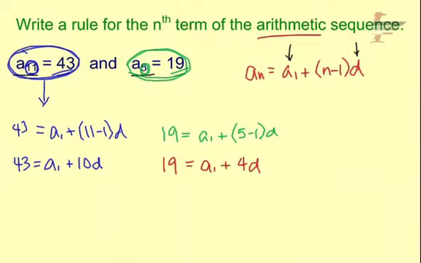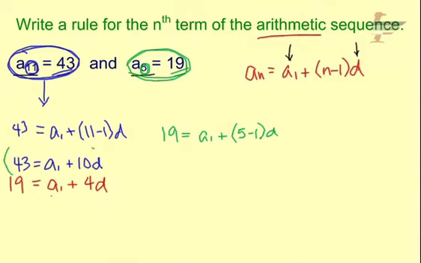So we have 2 equations with 2 variables that we need to solve for, and this is why this becomes a system of equations. If I bring these together, it's lined up quite nicely for elimination, where if we add the equations together, we want the a sub 1s to eliminate or the d's to eliminate. And what I notice is a sub 1s are pretty close.